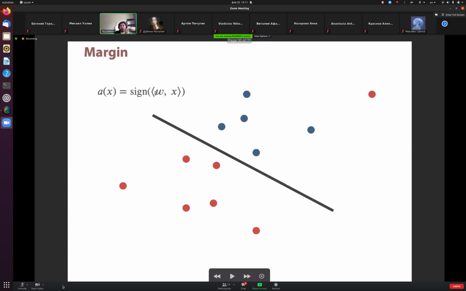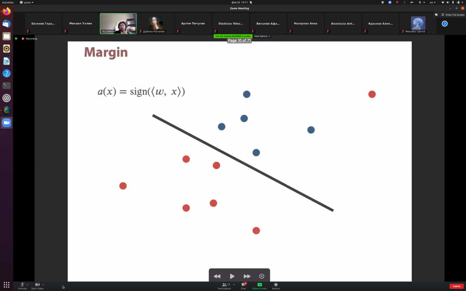Let me remind you that our classifier is the model composed with a sign function.